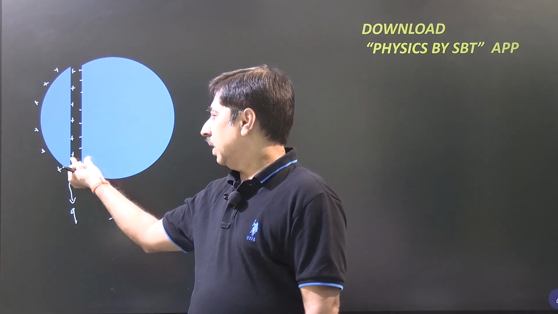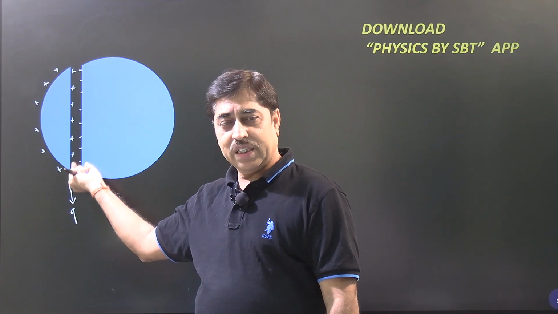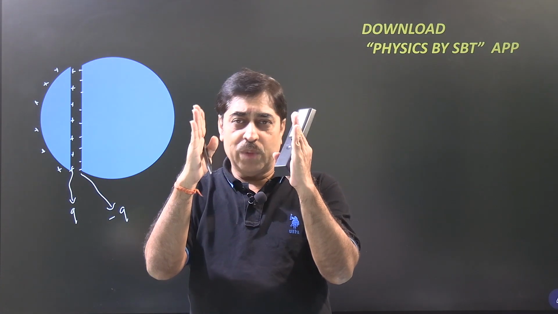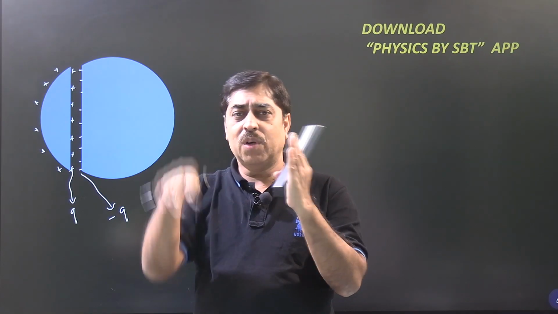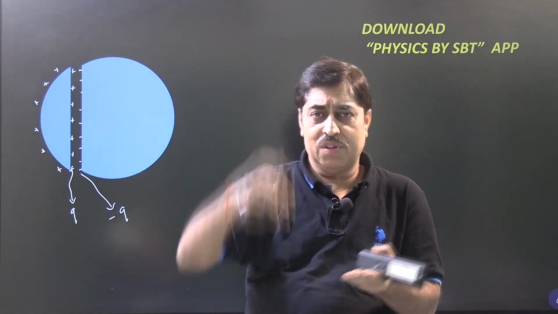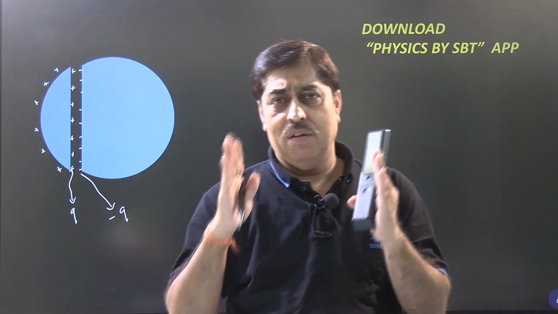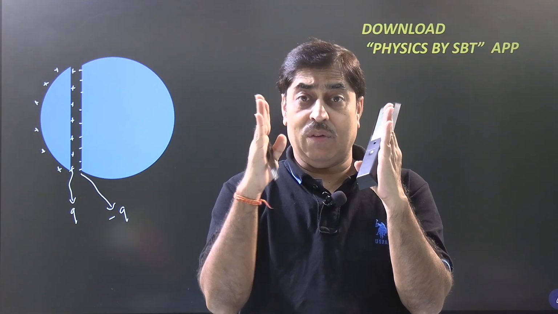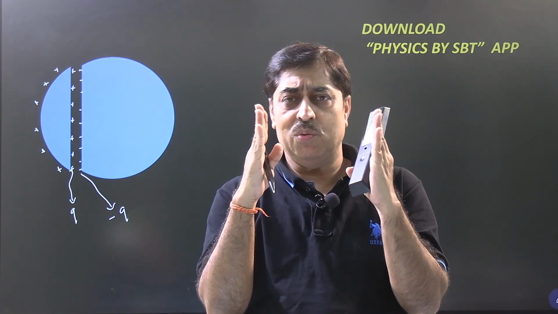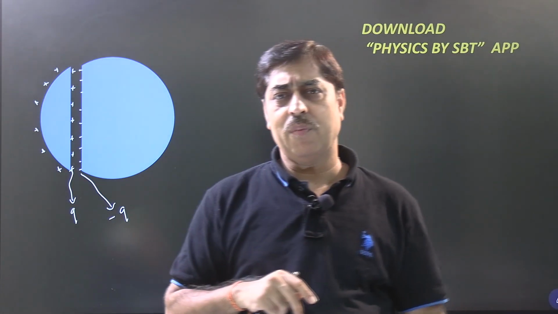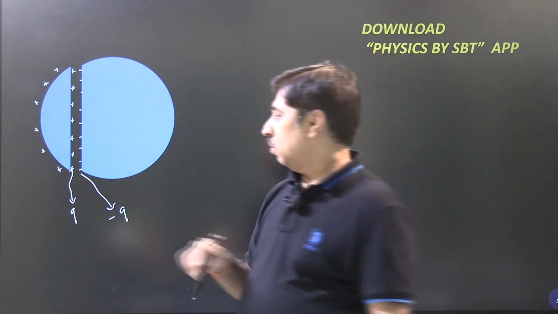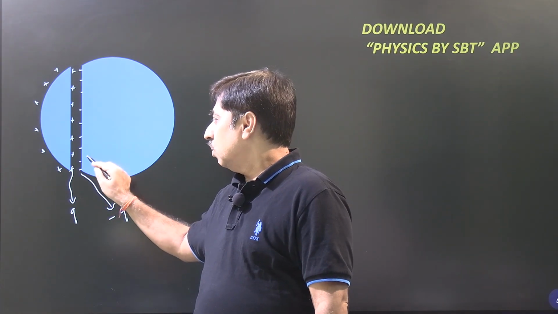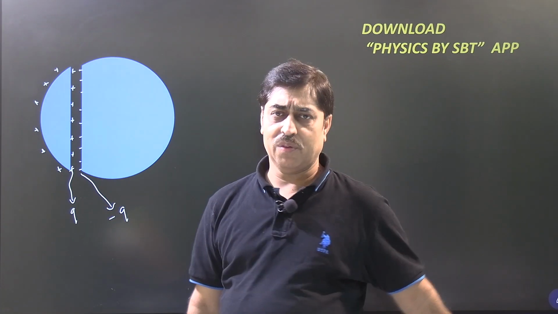In fact, this gap with two metal walls is nothing but a capacitor with some dielectric field in between. One plate of the capacitor has charge plus q, small q, and the other one has minus q.